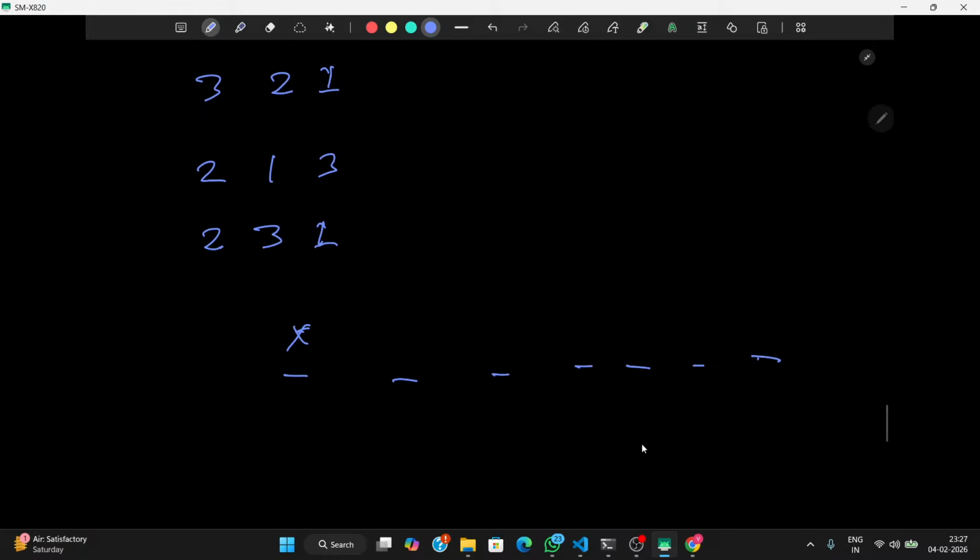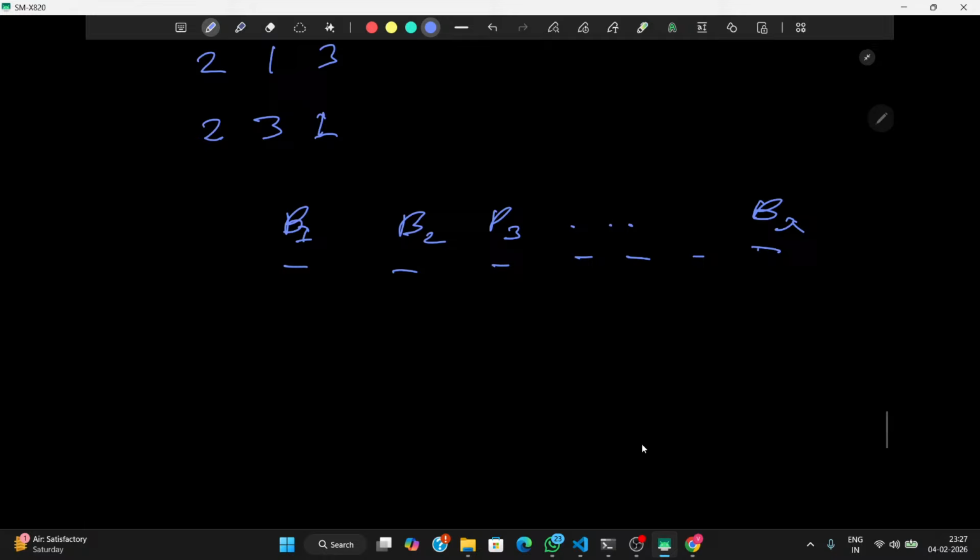Let's call this B. This is B1, then B2, then B3 up to Bx, right? x is the length of this array, and all of the elements are adjacent. That means B of (i plus 1) minus B of i is always equal to 1. All of these are adjacent elements, and the length of this array is x.